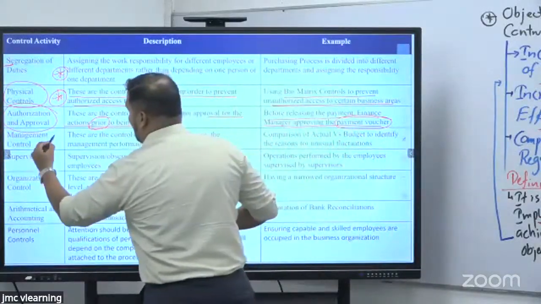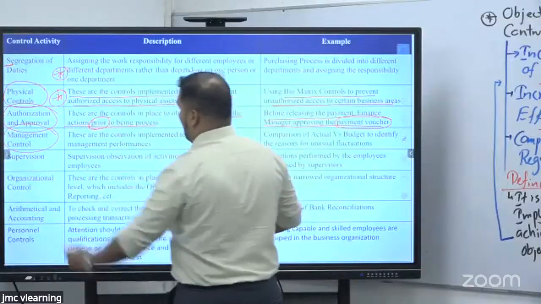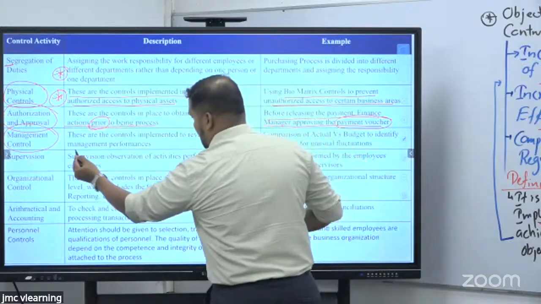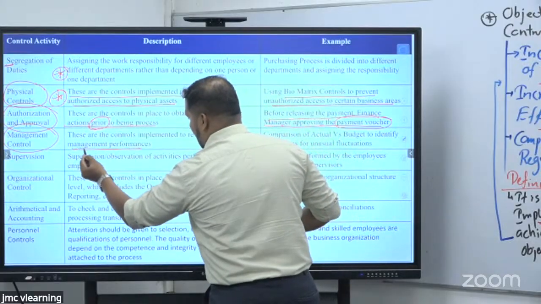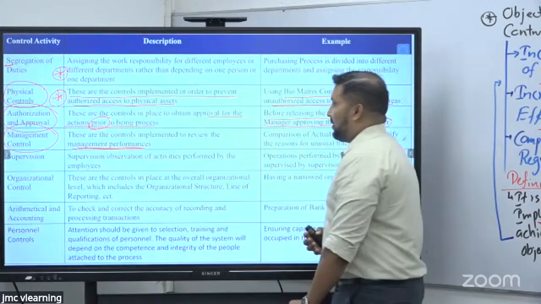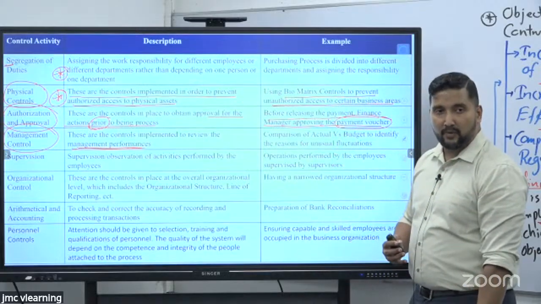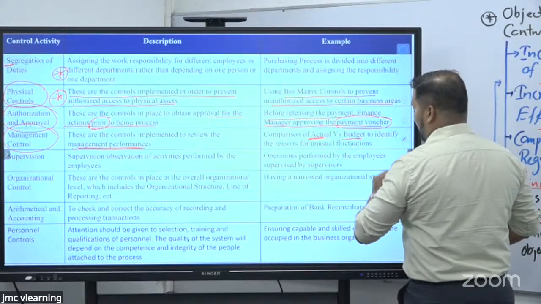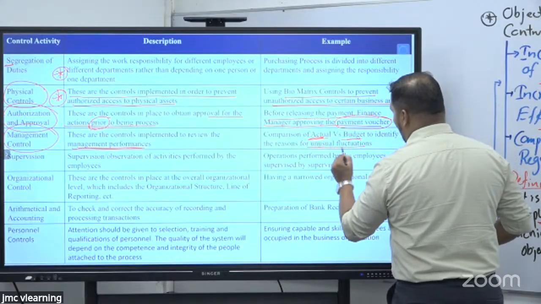Then management control. These are the controls implemented to review management performance. For example, you are comparing actuals versus budget to identify unusual fluctuations.